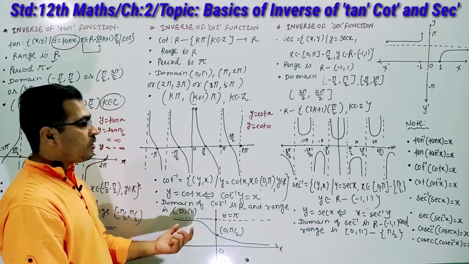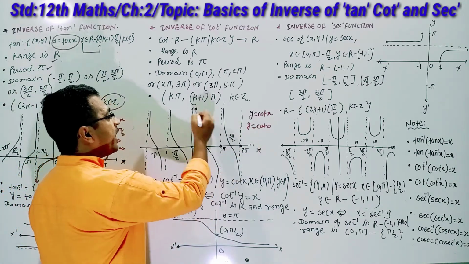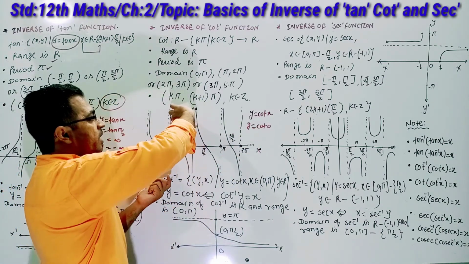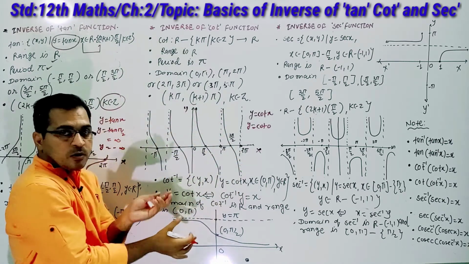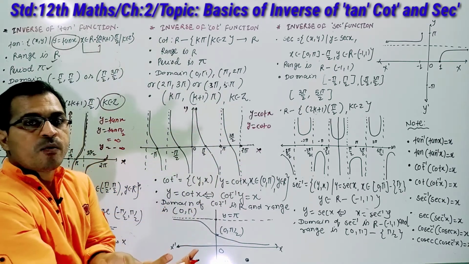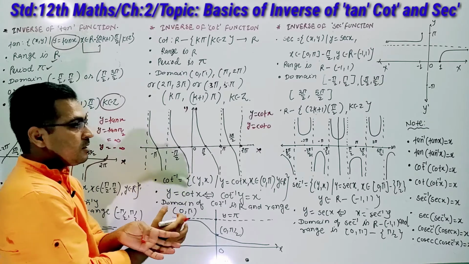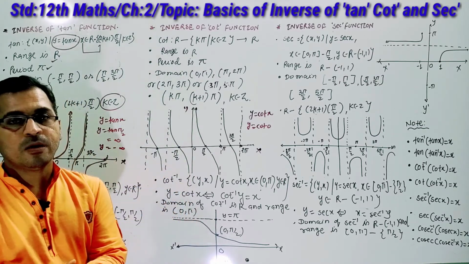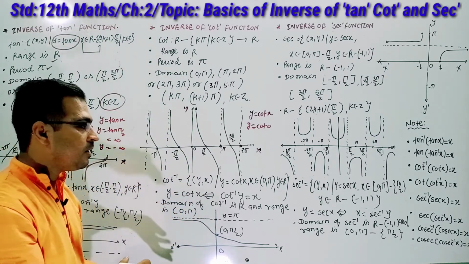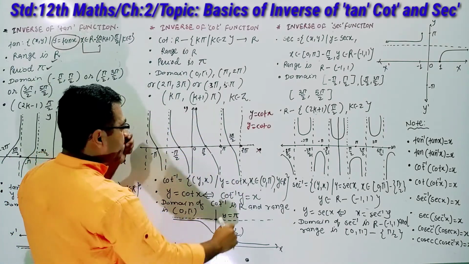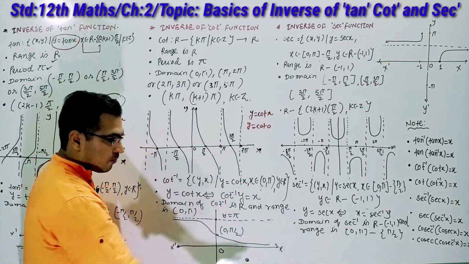Here you just rotate this graph, meaning the x coordinate becomes the y coordinate and the y coordinate becomes the x coordinate, so the x-axis becomes the y-axis and the y-axis becomes the x-axis. If you rotate like that, the graph will be in this form.